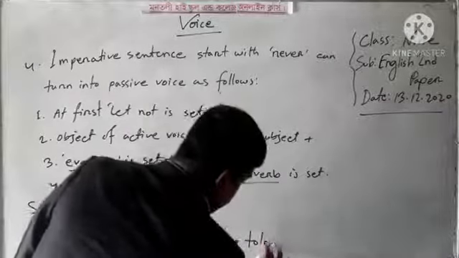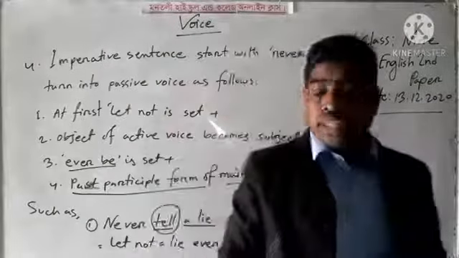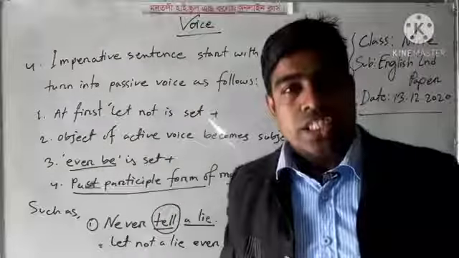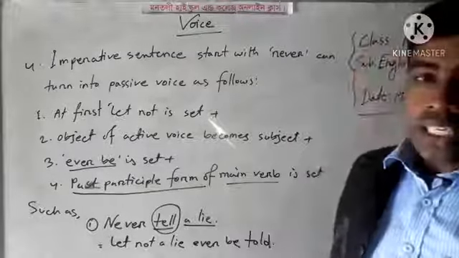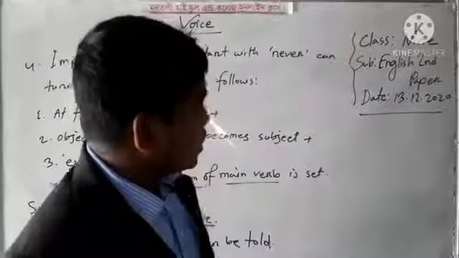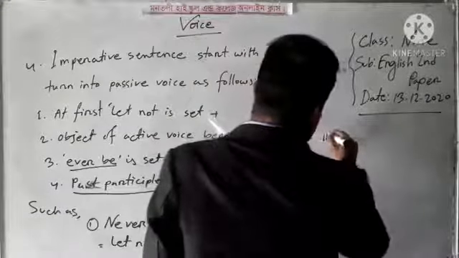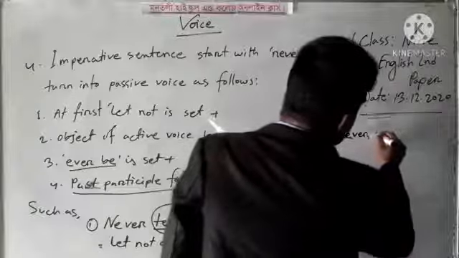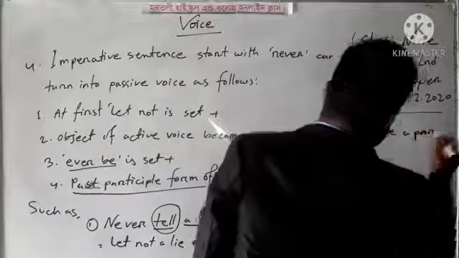My dear learners, I think it is clear enough how I can change it into the passive form of active voice. Dear learners, I will take another example for these rules. Never hate a poor.